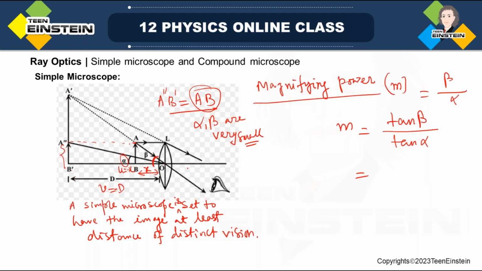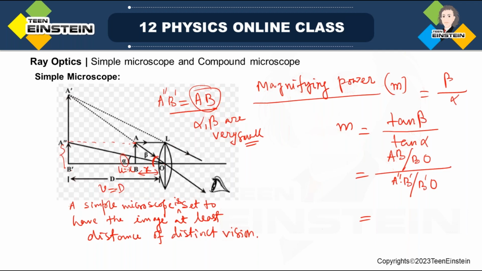Okay, so tan beta can be written as AB by BO, and this was all right. A double prime B prime by B prime O. Now look, you can get it corrected.